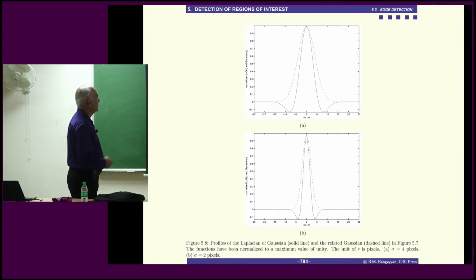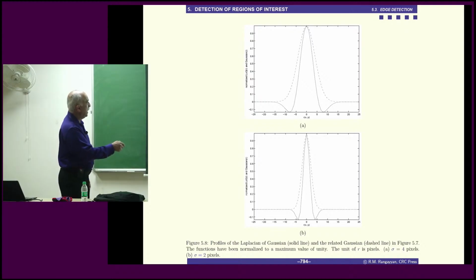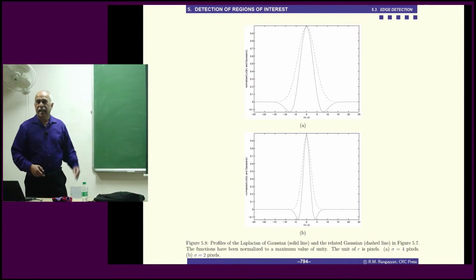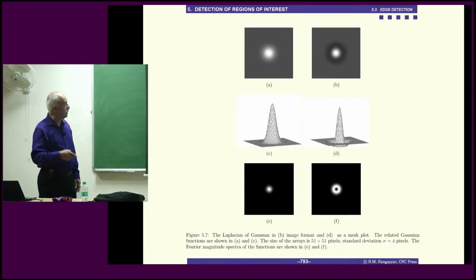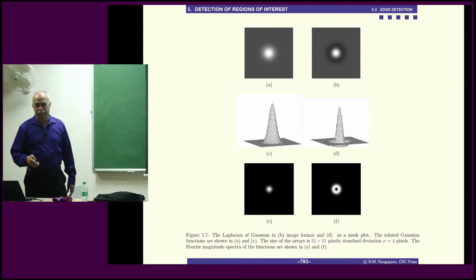The upper one has sigma equal to 4 pixels, the lower has sigma equal to 2 pixels, narrower, less smoothing. This has more smoothing. But the structure is the same. Main positive lobe and 2 negative side lobes in profile. But if you go all the way around, it's isotropic. So that ring of negative values is there all the way around.